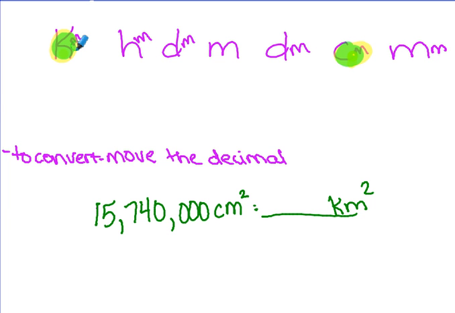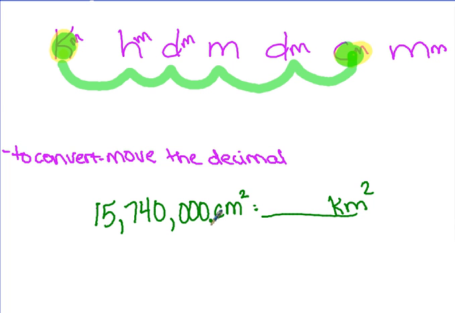In regular units, I would move my decimal 1, 2, 3, 4, 5 places to the left. But because it's squared, I'm going to double that and move it 10 places to the left. So I'm going to move it 1, 2, 3, 4, 5, 6, 7, 8, 9, 10 places to the left and fill in those empty spaces with zeros.